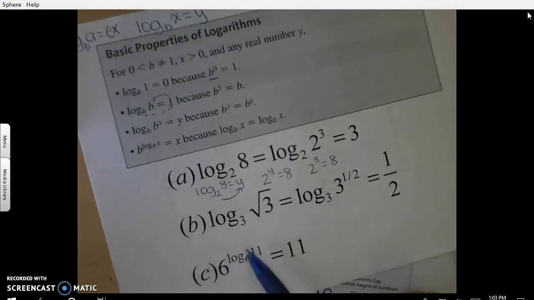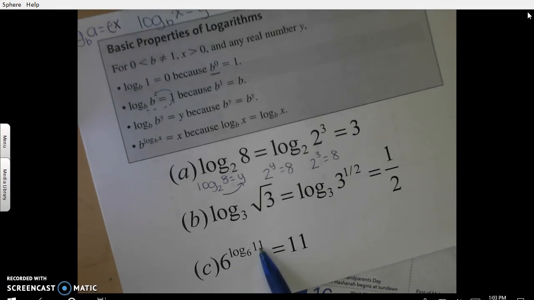Same thing here with log base 3 of the square root of 3. Our exponent needs to be 1/2. And 6 to the log base 6 of 11 is equal to 11.